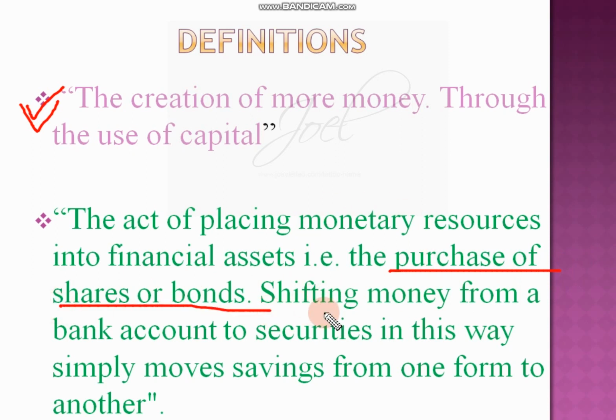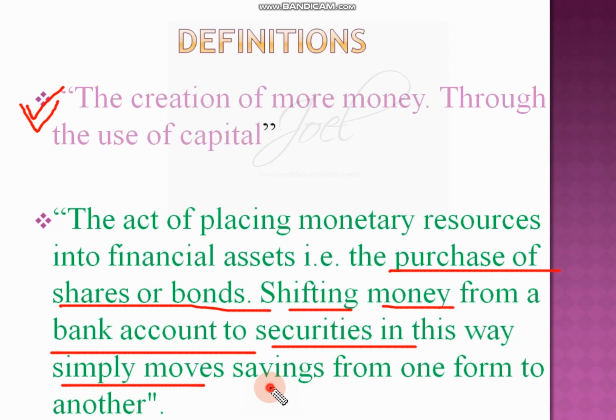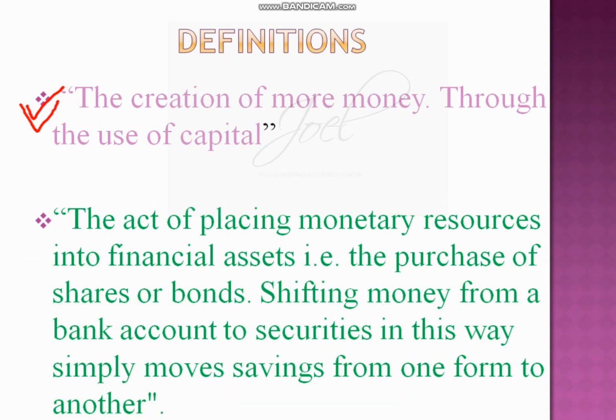It is shifting money from a bank account to securities, or cash to securities; it simply moves savings from one form to another. So here what they are telling is that from one saving you will convert it into one more saving. That is what we will call investment.